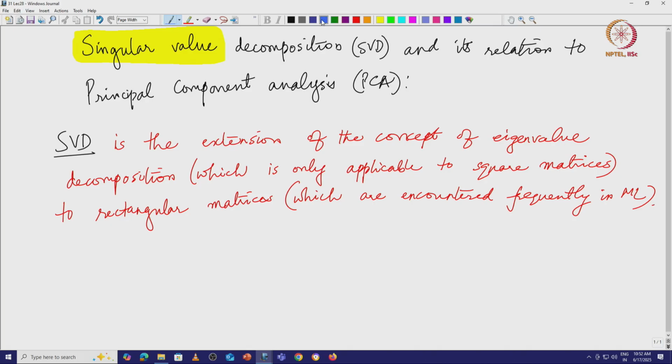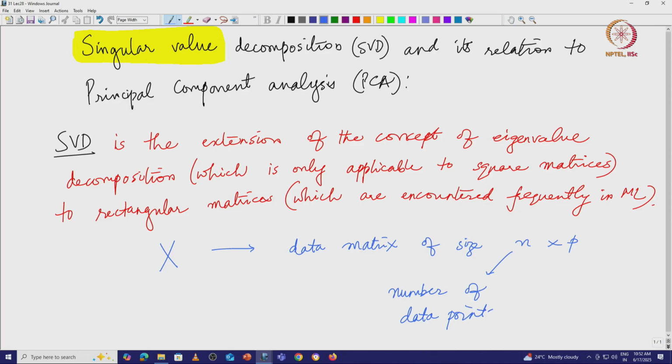Okay. So, if you remember, we usually denote the data matrix as X. X is the data matrix and it is usually of the size n by p, where n is the number of data points and p is the number of features. Now, rarely, if at all, would n be equal to p.